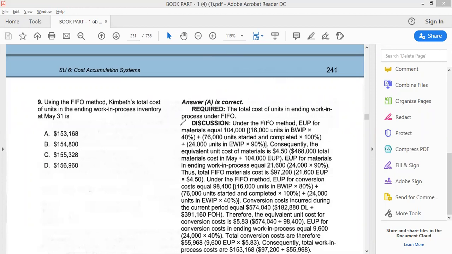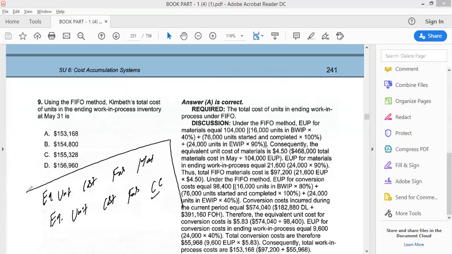So this is actually the evaluation of work in process, and students, before doing this one, we actually need equivalent unit cost for materials, and we need equivalent unit cost for conversion cost. So once we have these two values, we will be able to do the evaluation of work in process. The word evaluation we use, how to calculate the value of work in process.